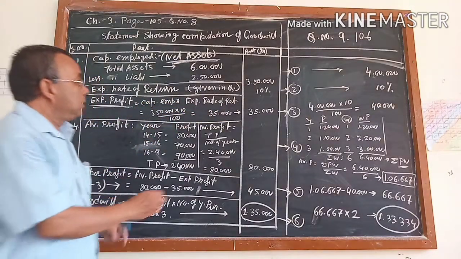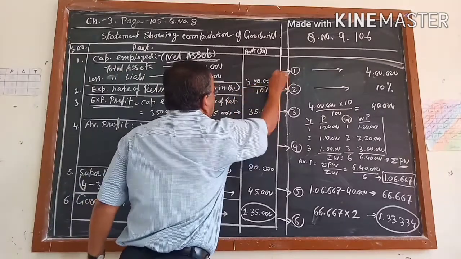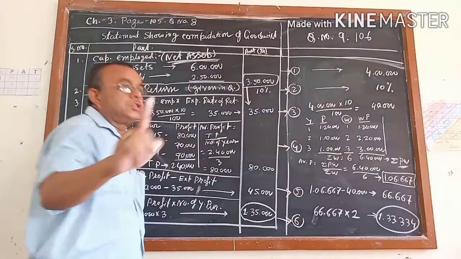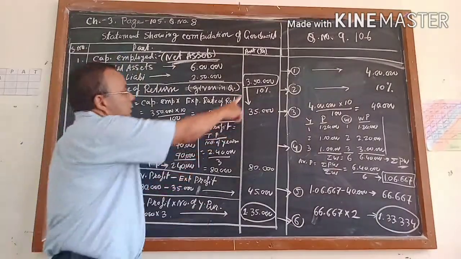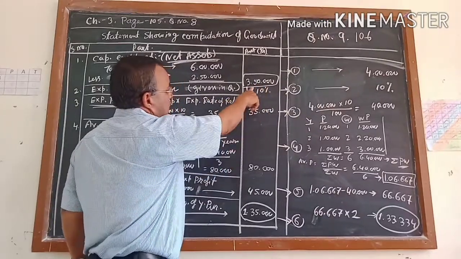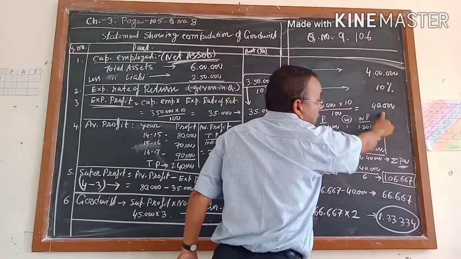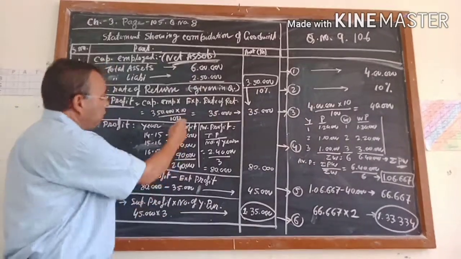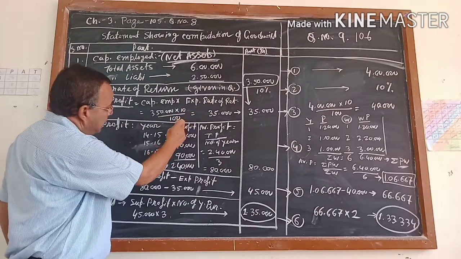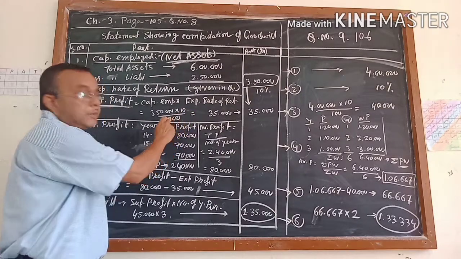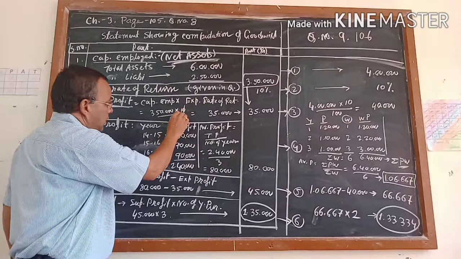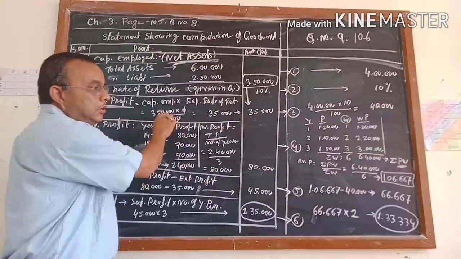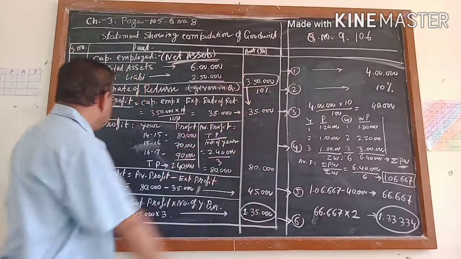Keep in mind, whatever is coming in the first step, the third step will come only 1 zero less. 3,50,000 gives 35,000. If it is 4 lakh, it is 40,000. Because multiply by 10 divided by 100 means divided by 10, which means 1 zero less.